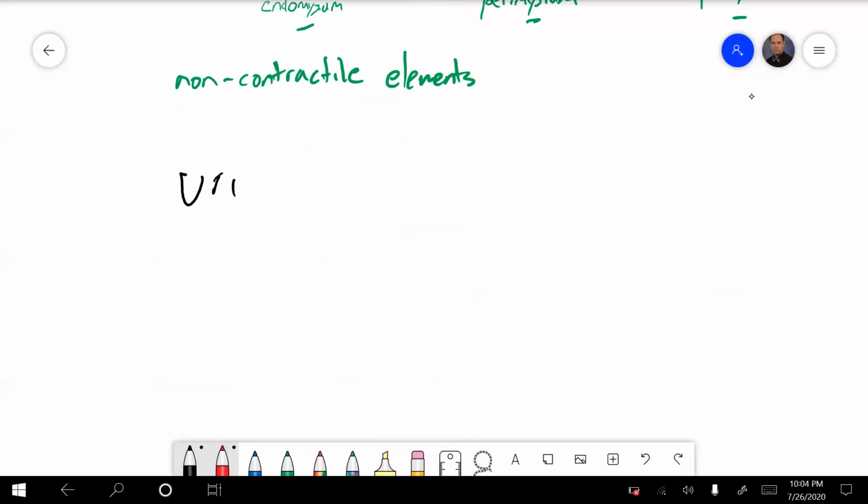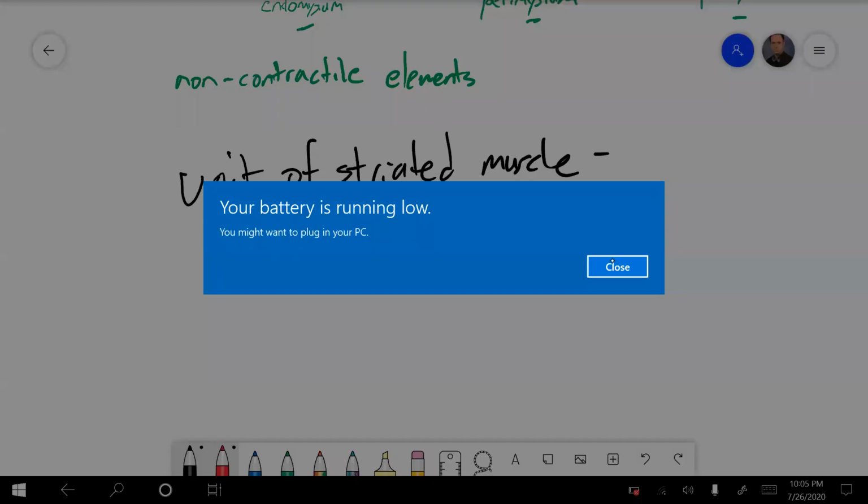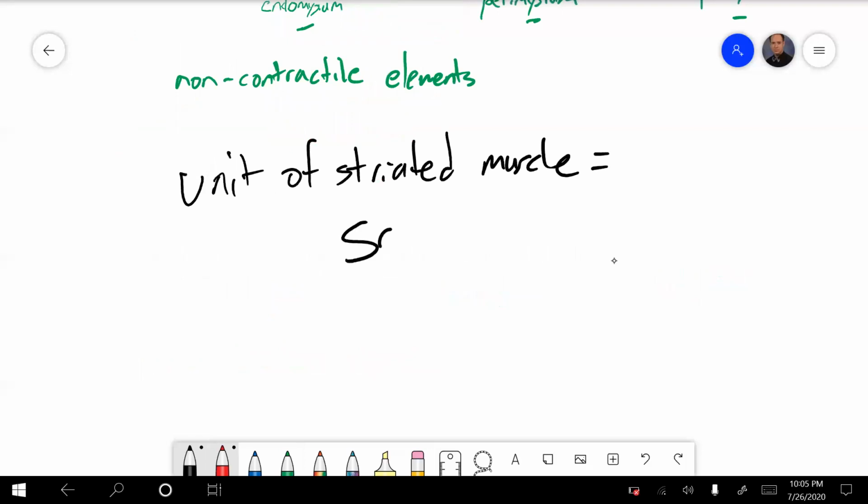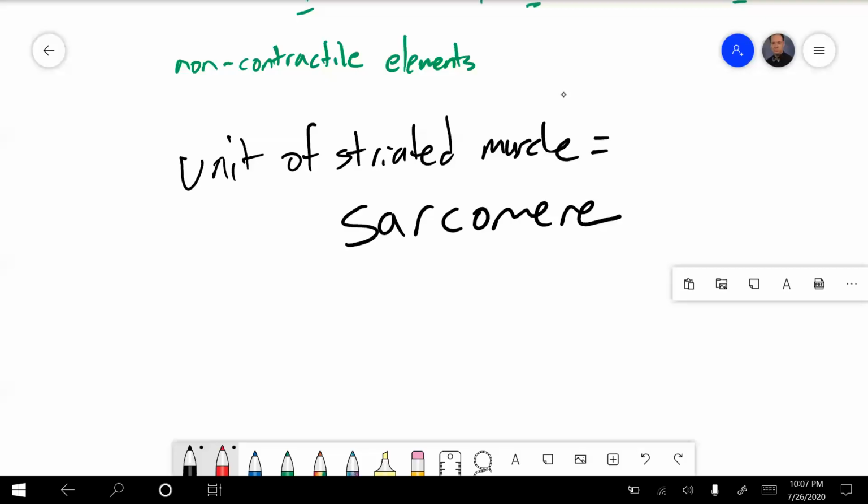Our unit of striated muscle is called a sarcomere. All right, so the sarcomere.